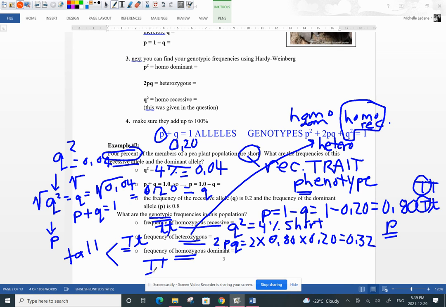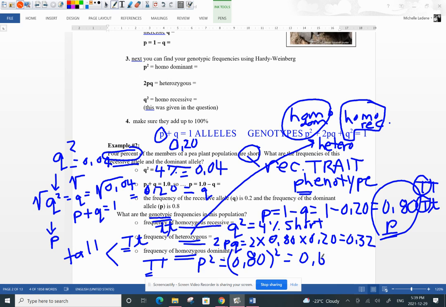Why? Because they have a big T. So my homozygous dominant, I go to my equation, and that is the P squared individuals. So P is 0.80, so 0.80 squared on my calculator is 0.64. So 64% of the population is homozygous dominant, big T.